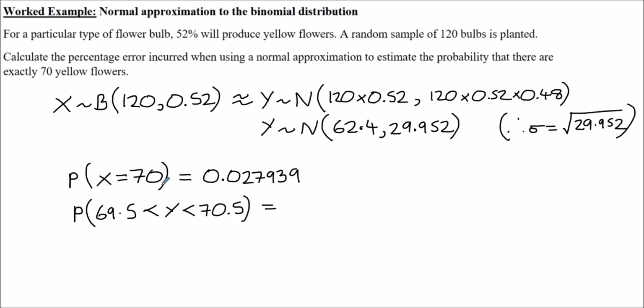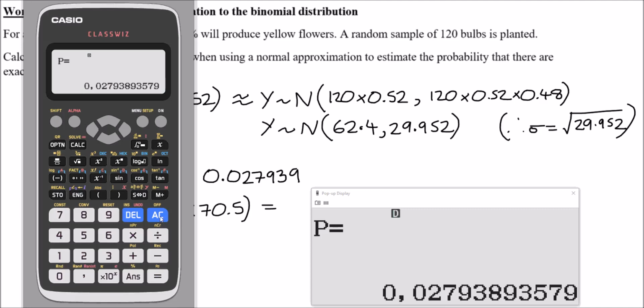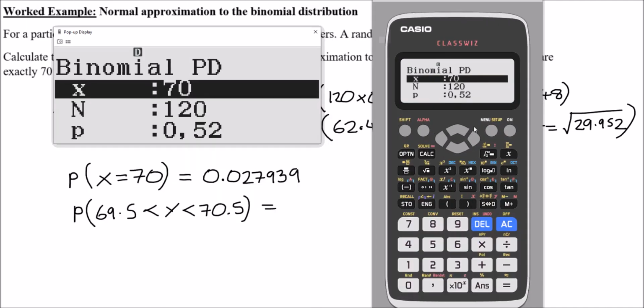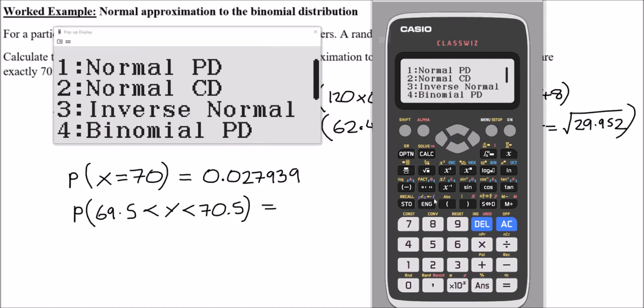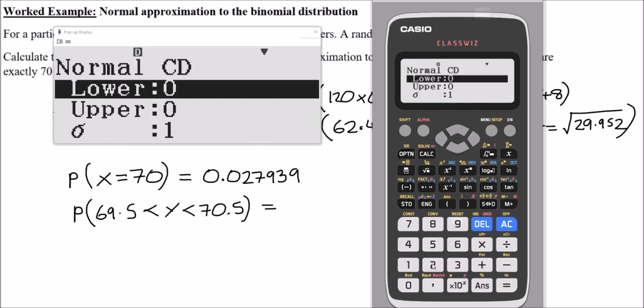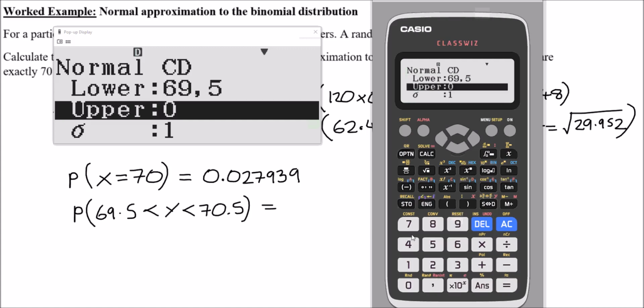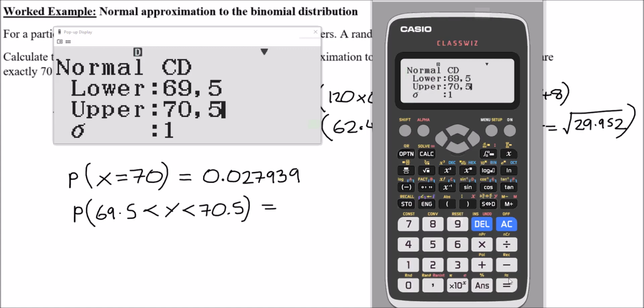So now we need to change from the binomial to the normal, because this is the normal approximation. So again, using the calculator, I'll just move this to the side so we can see what we're doing. We go Menu, Option 7. Now we go for the normal CD function, so Option 2. So the lower bound is 69.5. The upper bound is 70.5.